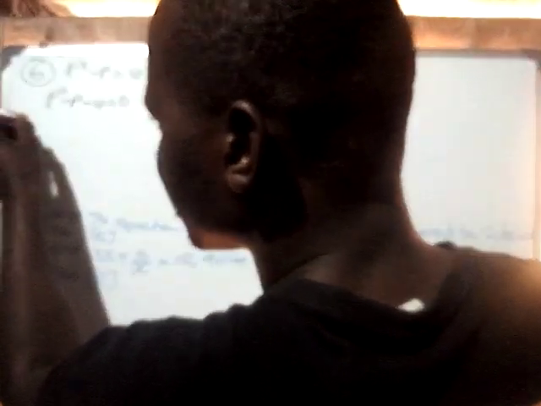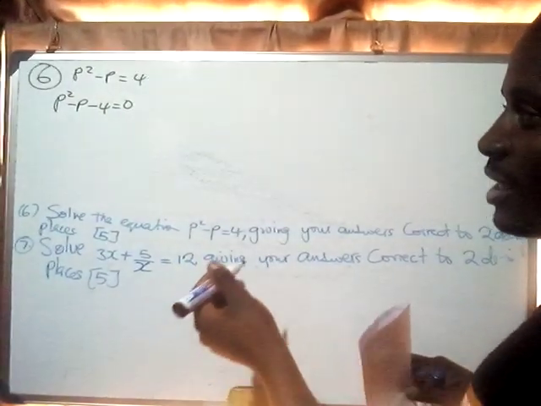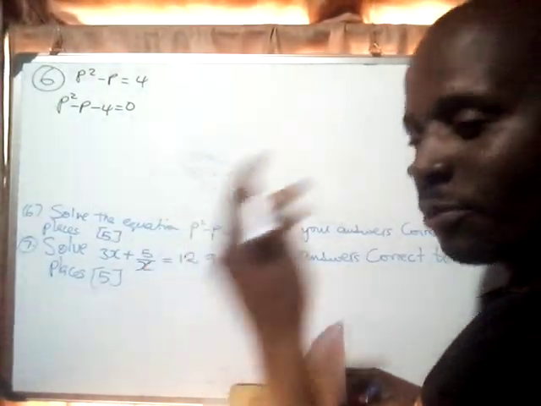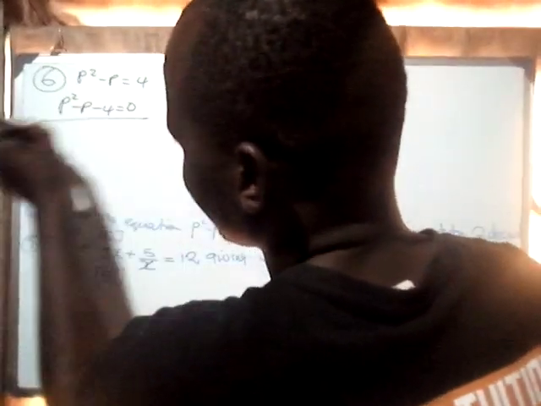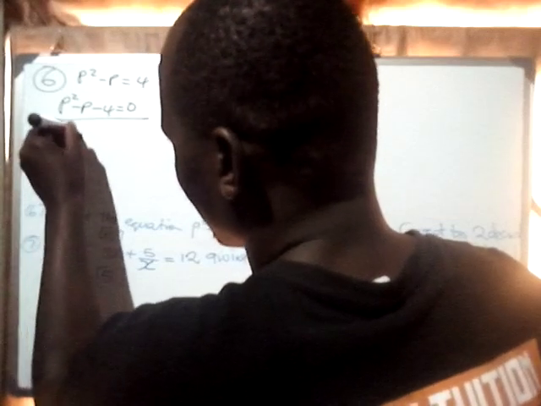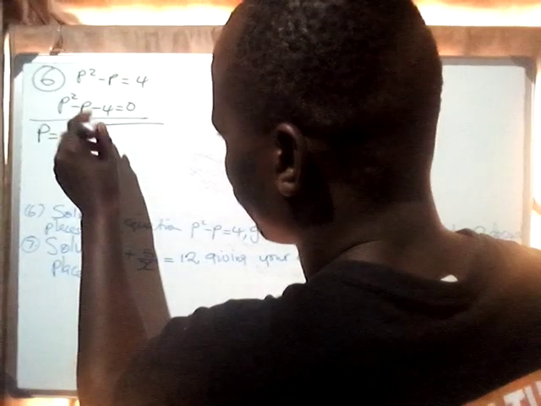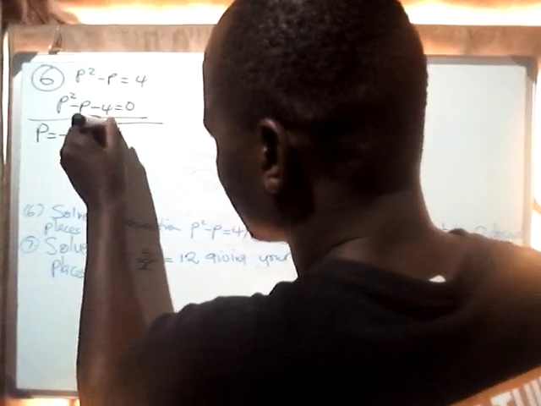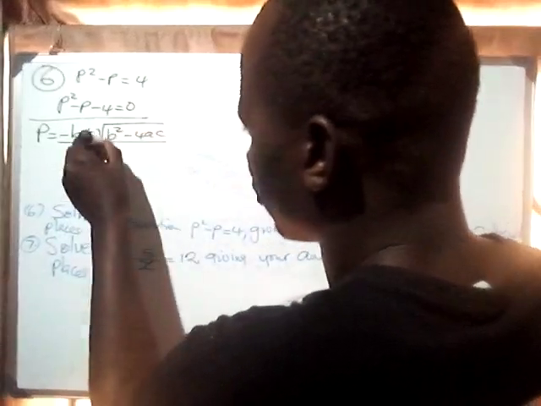So we are going to use the formula, x is equal to negative b plus or minus the root of b squared minus 4ac, everything over 2a. Now, instead of saying x, in this case we are going to use p.